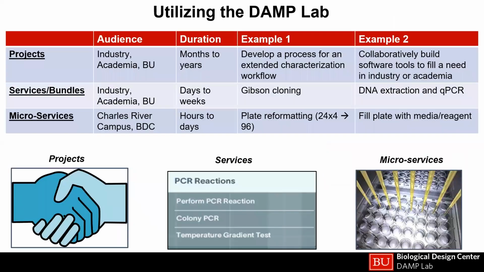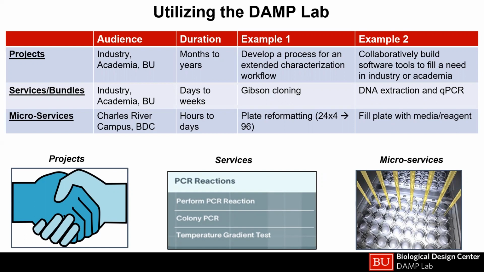And then a little bit more detail on these things. I hinted at this a little bit, but the audience of projects and services might be anybody really: industry, academics, people at BU. But then I see operating in this space of one-off small services to people.